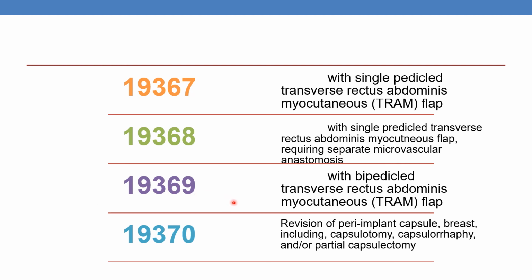The next is 19369, which involves bipedicled transverse rectus abdominis myocutaneous flap. The next is 19370, revision of peri-implant capsule, breast, including capsulotomy, capsulorrhaphy and/or partial capsulectomy.